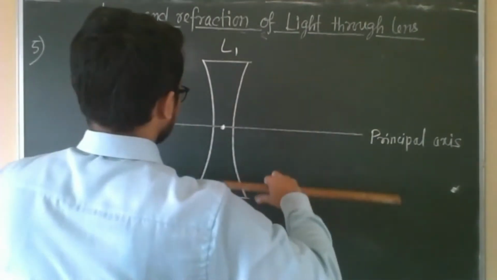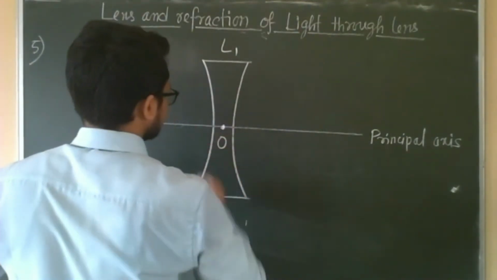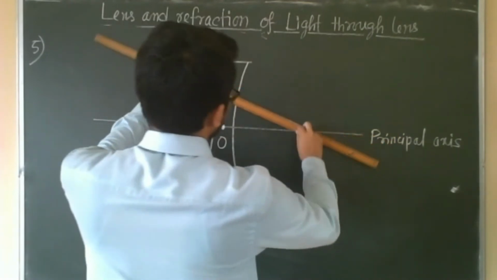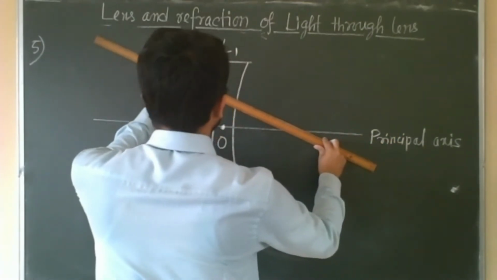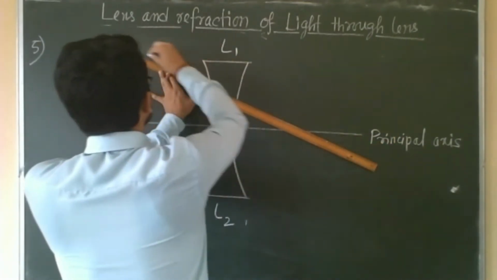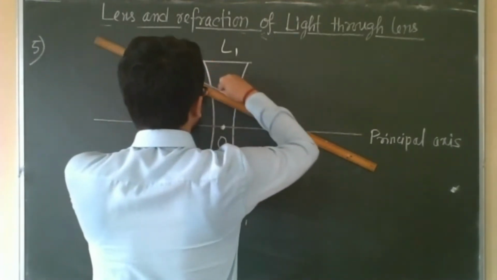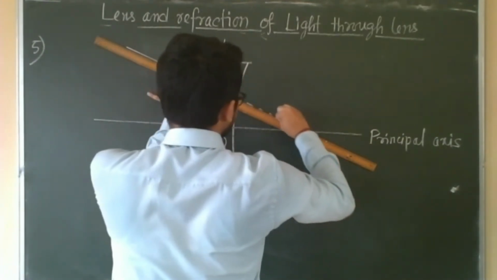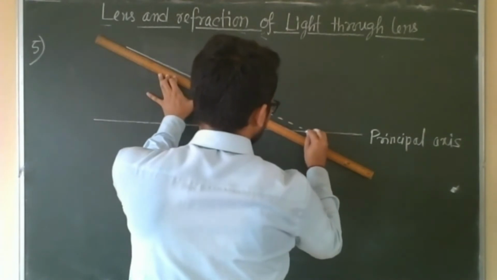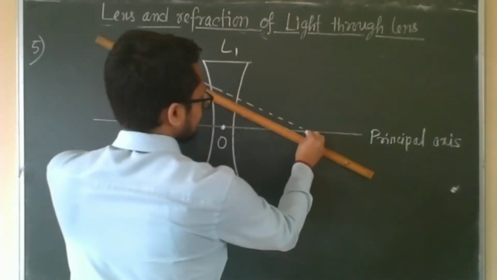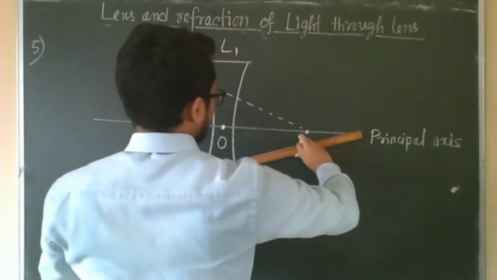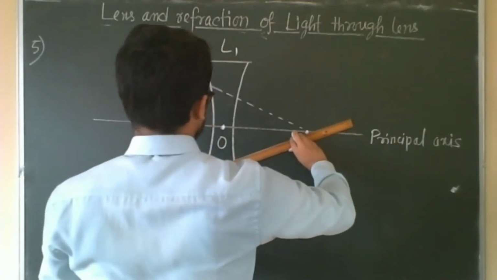So we are taking three rays again. Here I am taking rays in this way. This is one ray. If we do not place this lens, they will meet at this point, and another ray I am taking here.